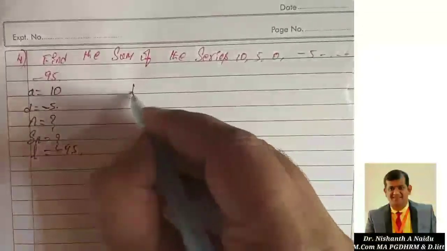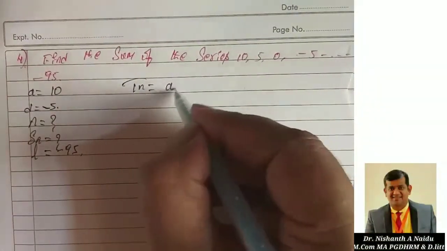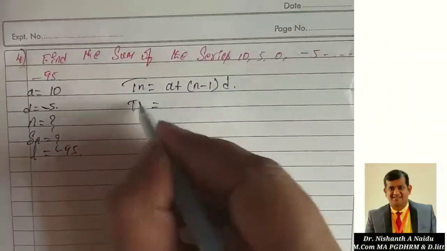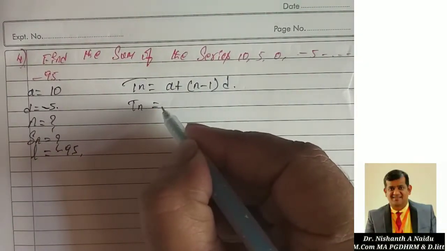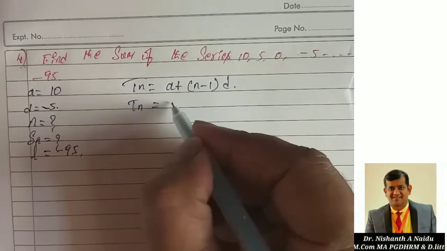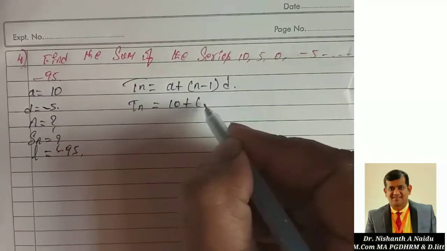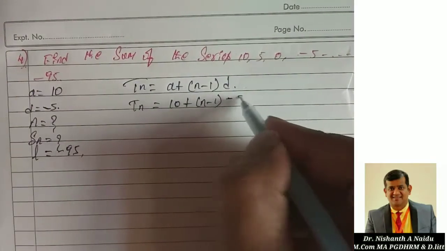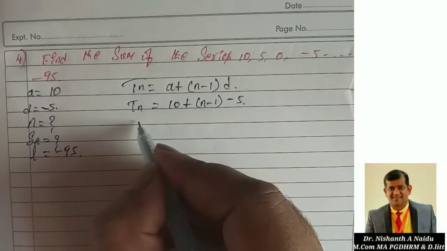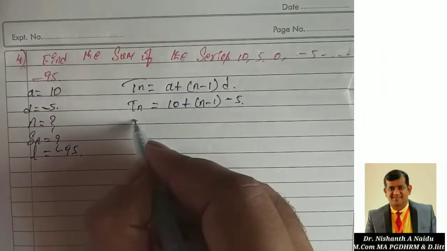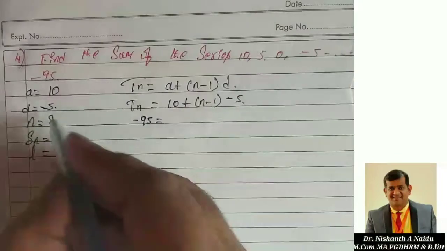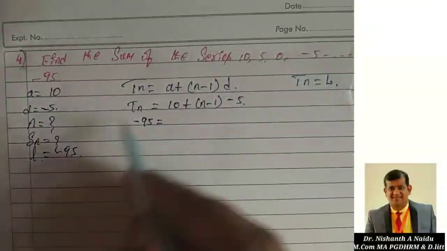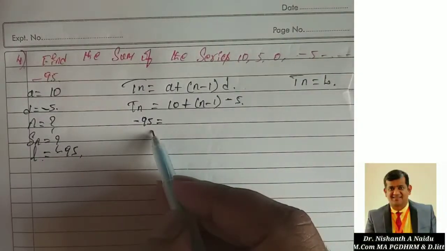So let us implement the formula, Tn equals a plus n minus 1 into d. So Tn equals a, which is 10, plus n minus 1, d we know, that is minus 5. Then minus 95, because you should know that Tn is always equal to l.